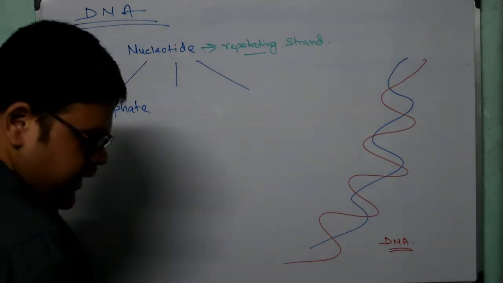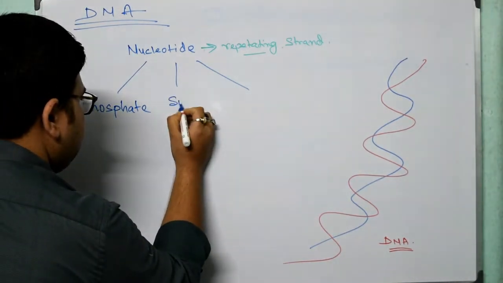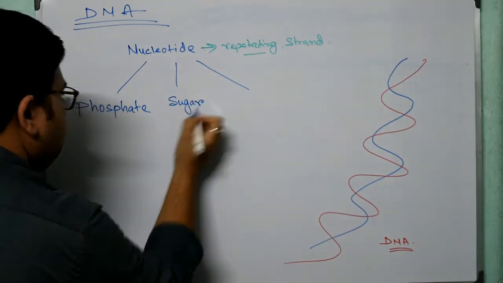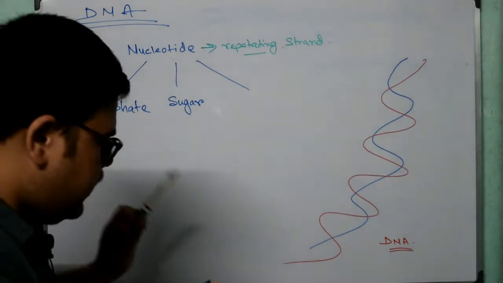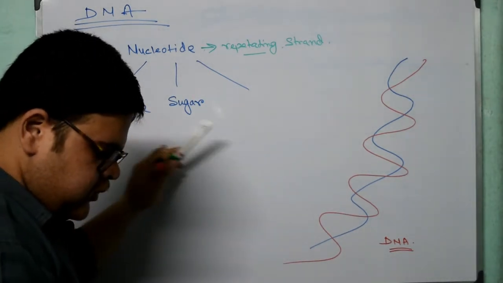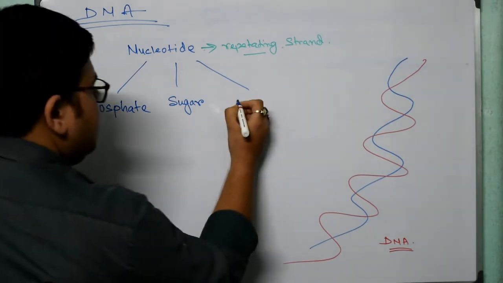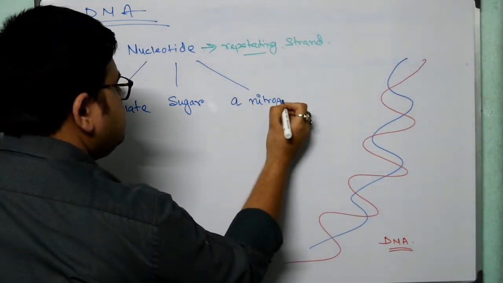Number 2, it is made up of sugar. I hope what I am teaching you is understandable. One is phosphate, another is sugar, and the third part is a nitrogenous base.